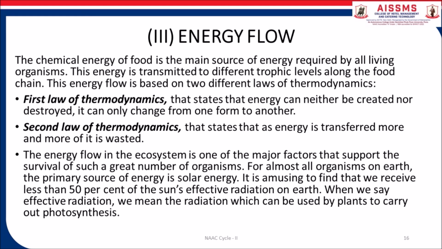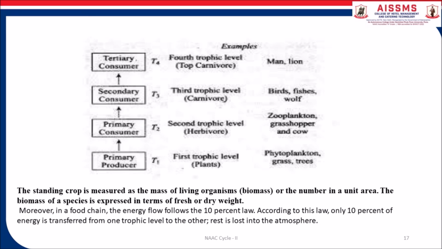When we say effective radiation, we mean the radiation which can be used by plants to carry out photosynthesis. Most of the sun's radiation that falls on earth is usually reflected back into space by the earth's atmosphere. The effective radiation is termed as the photosynthetically active radiation, that is called PAR.